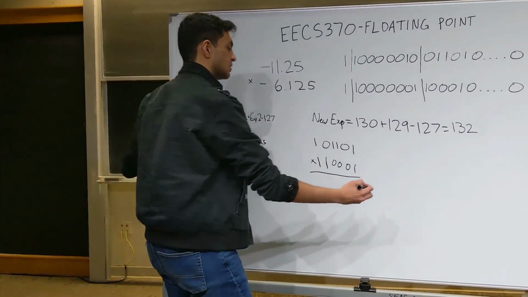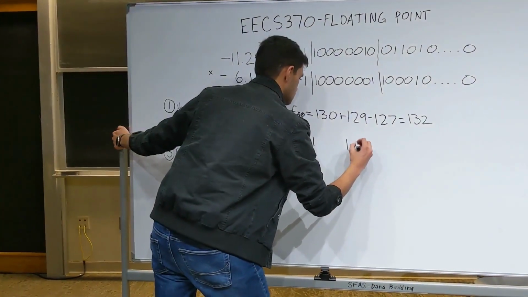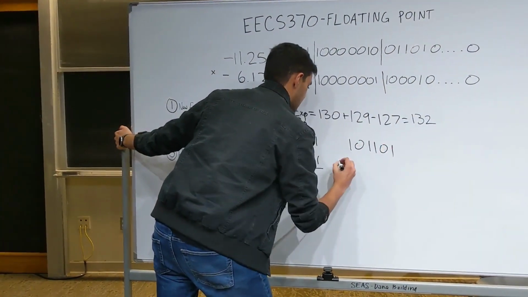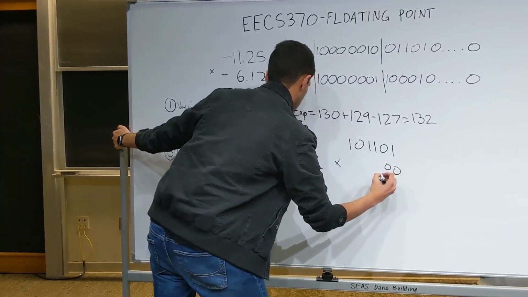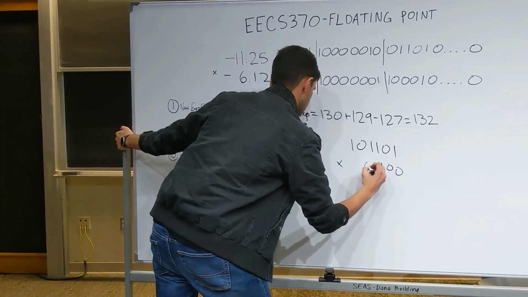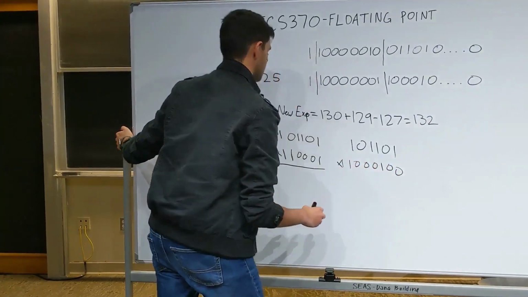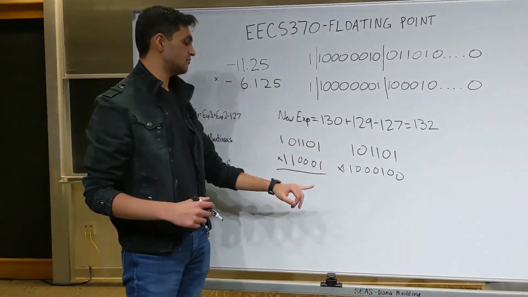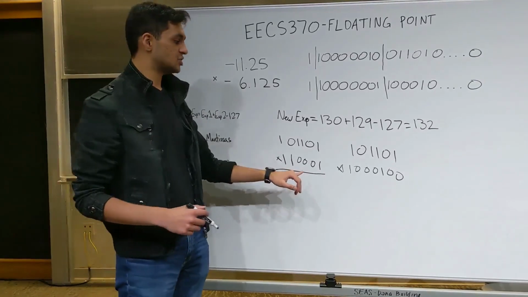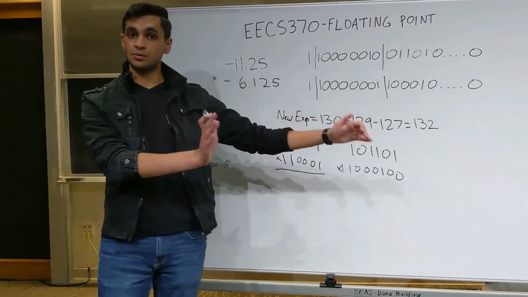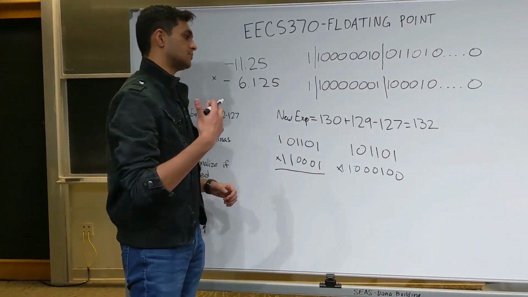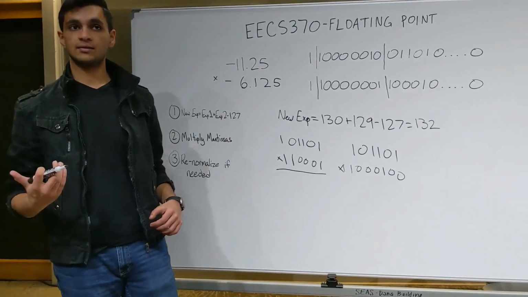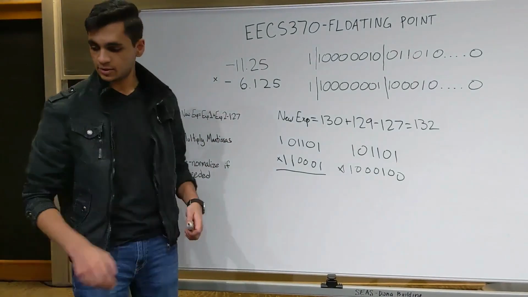For example, I could do something like this times 0, 0, 1, 0, 0, 0, 1, 1. And this should result in the same value that we get from doing this one. It's just that this will have more zeros to the right of the sequence. And it turns out that those zeros don't really affect anything. So let me quickly erase that.